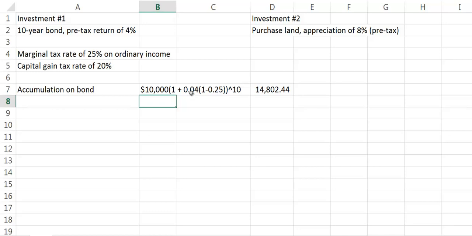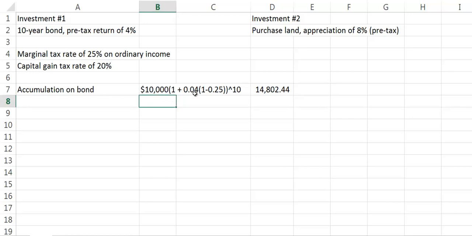Okay, so remember our interest rate is 4%. And of that 4%, 25% is going to be taxed. So we have 75% of the 4% left to be accumulated onto the bond amount. So the calculation here is going to get us the amount of the bond accumulation after tax.